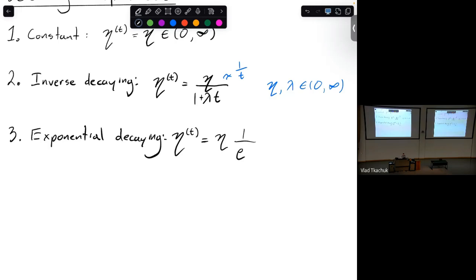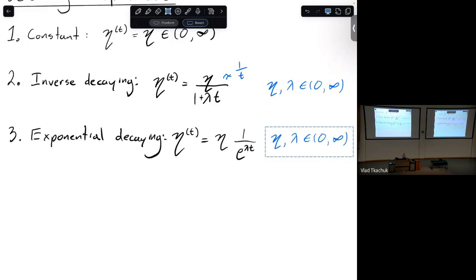So 1 over the exponential at some rate t, so as t increases, the denominator gets bigger, and as usual, you give it some scale lambda, which tells you how quickly that's happening. And so same thing as above, eta and lambda are between 0 and infinity.